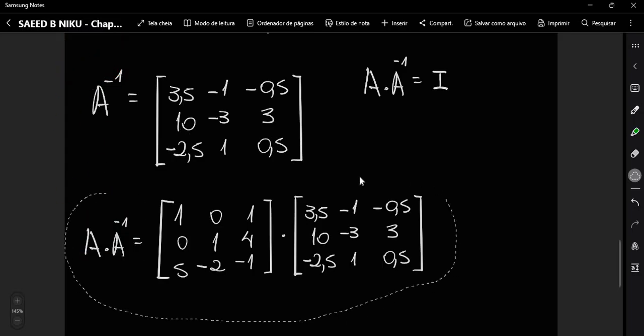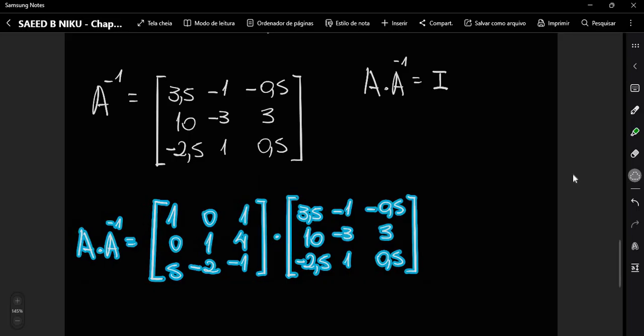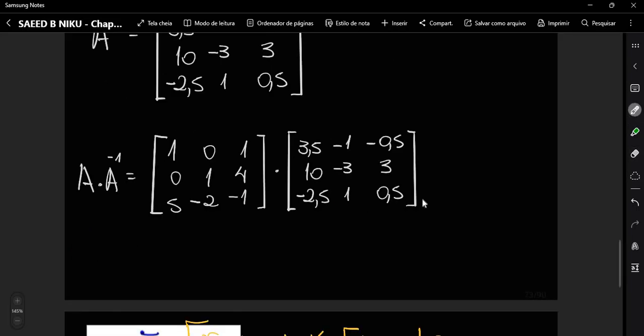And if we do this, we get the identity, and the identity is the main diagonal filled out with ones, and the rest of the terms are zero.